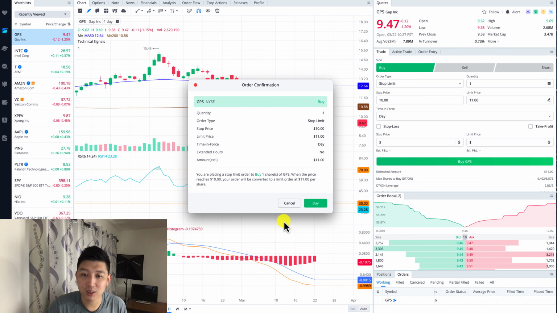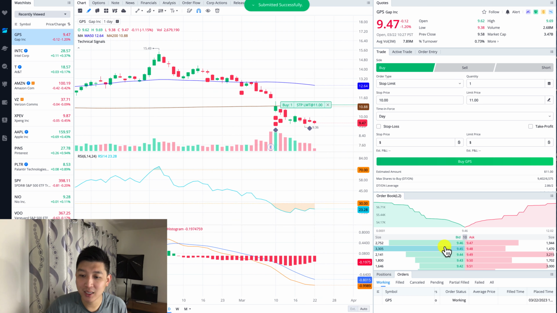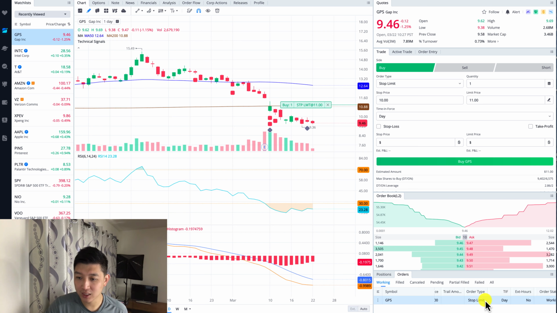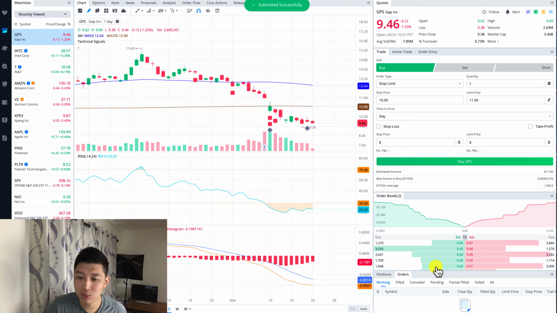For the sake of simplicity, I'm gonna go ahead and buy, and this is gonna be in the working order. Now you see that there's a stop limit right over here at 11, but the trigger is gonna start at 10, and this order won't get filled because there's a huge gap right now. So that's that. I'm gonna cancel this order out because I'm not gonna use this one.